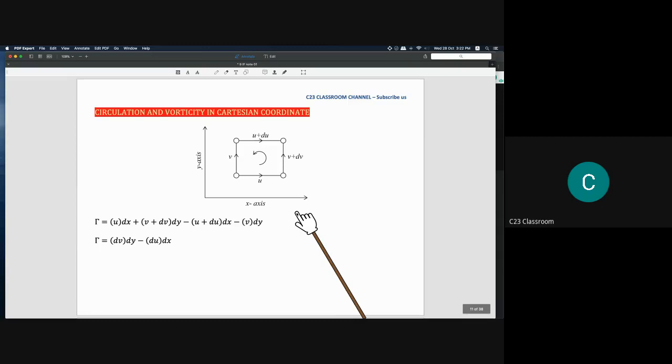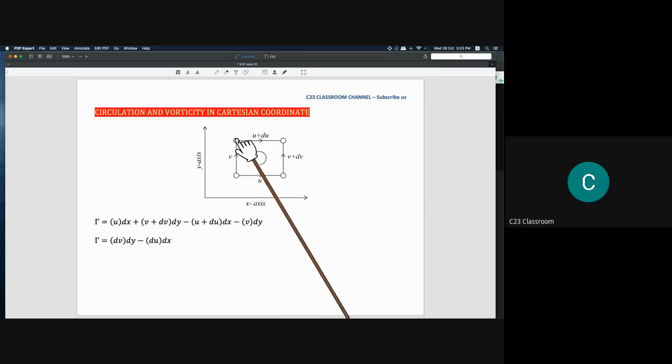Okay, so we do the calculation here. Let's say this is for the Cartesian coordinate. So we have 4 dots here. The dots mean that we assume a fluid flows from left to right on this path, and another fluid flows on this path, and so on. For one molecule here, the fluid will flow in the u direction, with u velocity, and they also have a component, meaning if the molecule moves in the y direction, they will have v velocity.